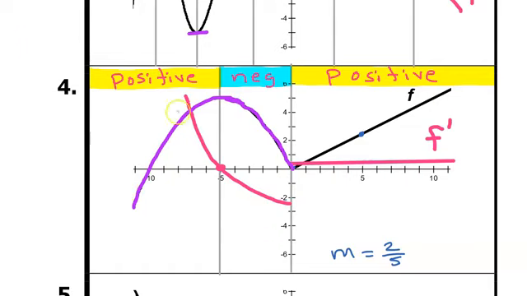Notice that function f is concave down in these first two intervals. And according to the chart, that means that f prime should be decreasing in these intervals, which it is. So without even worrying about the concavity, f prime turned out to be decreasing where it should. So basically, the top half of the chart takes care of itself.